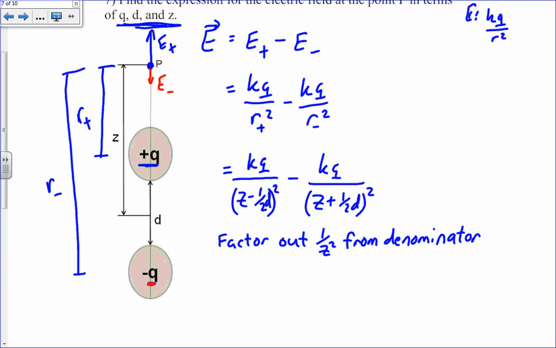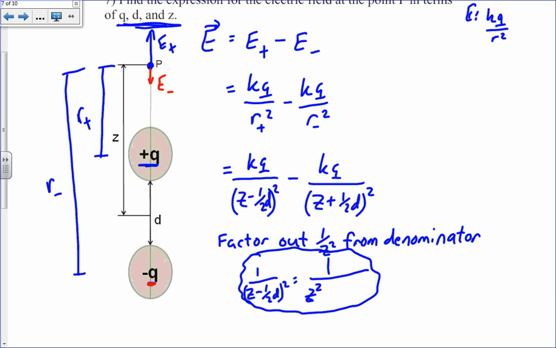And so, for example, if I did that, 1 over Z minus 1/2 D squared becomes 1 over Z squared times 1 plus D over 2Z squared.